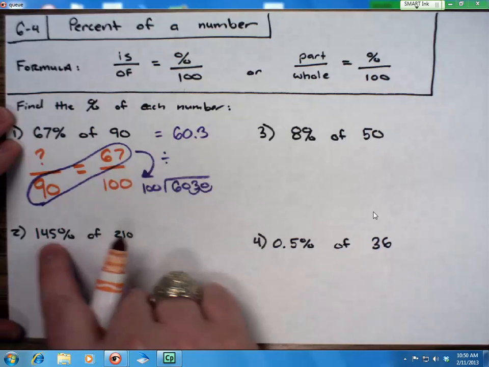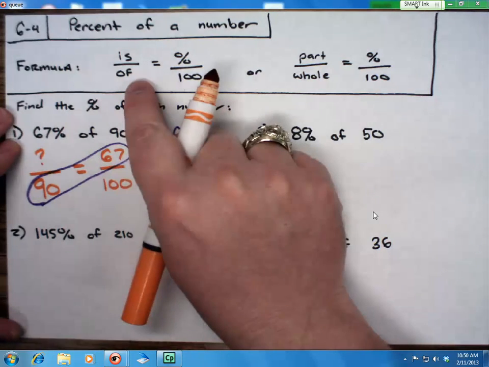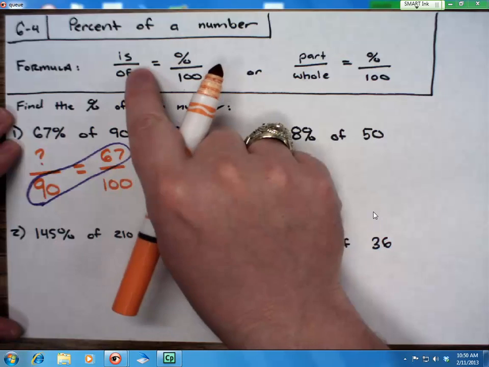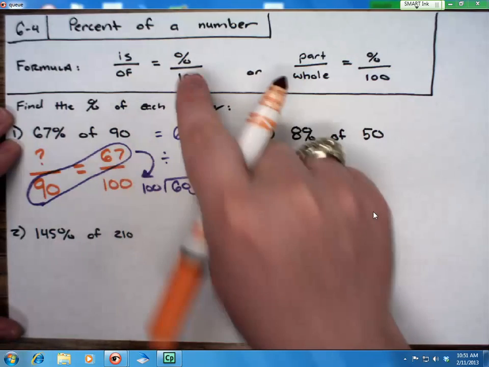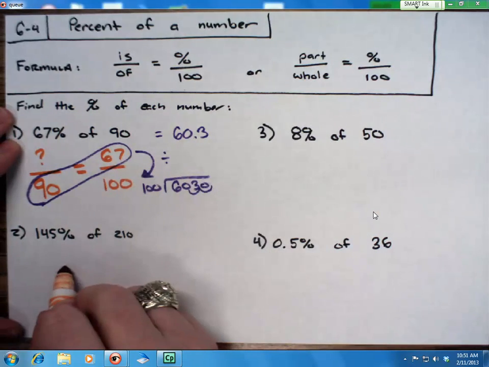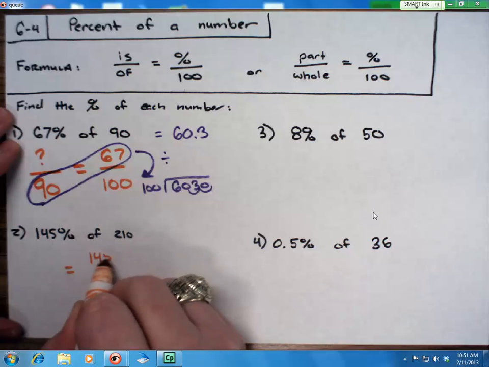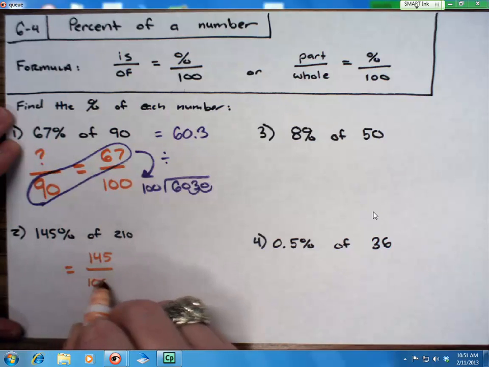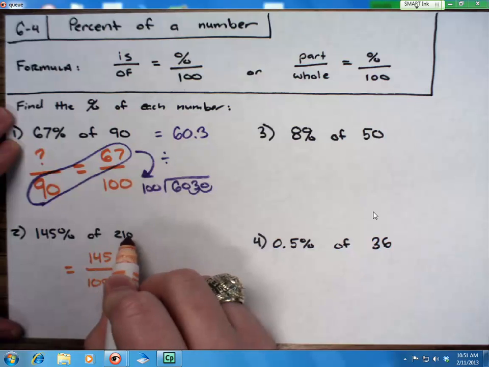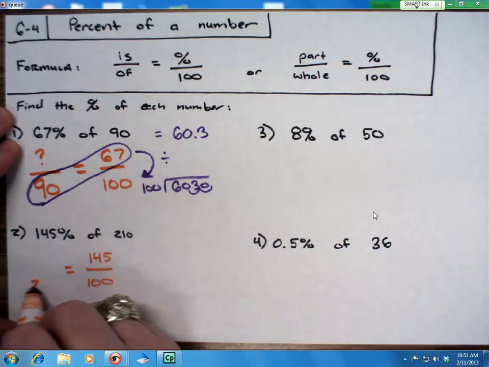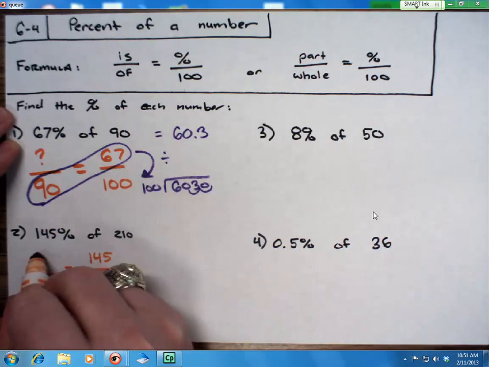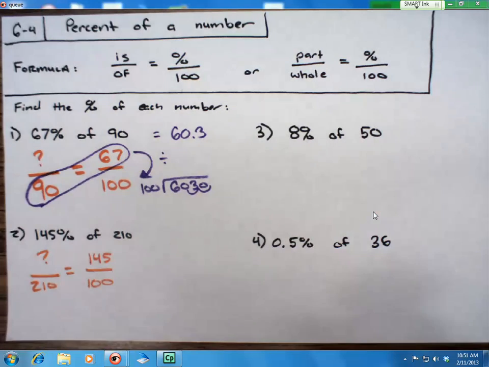So let's go ahead and start again. I'm going to use my formula, is over of equals percent over 100. My percent is 145, so I'm going to put that over 100, and my "of" is 210.